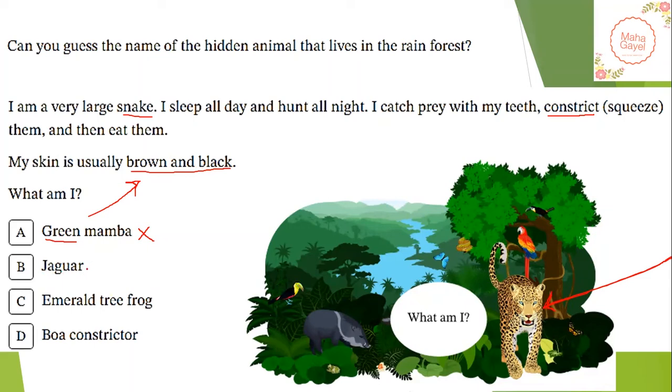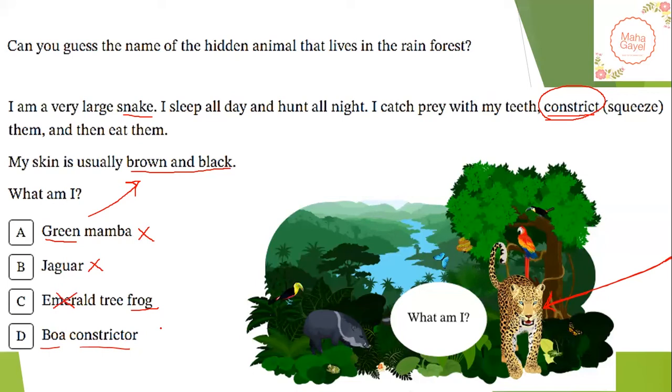So jaguar, no. Emerald tree frog. I don't know the word emerald, مش مهم. But I know the word frog. So is it a frog? Think a little. No, of course, the frog doesn't have teeth and doesn't constrict its prey.